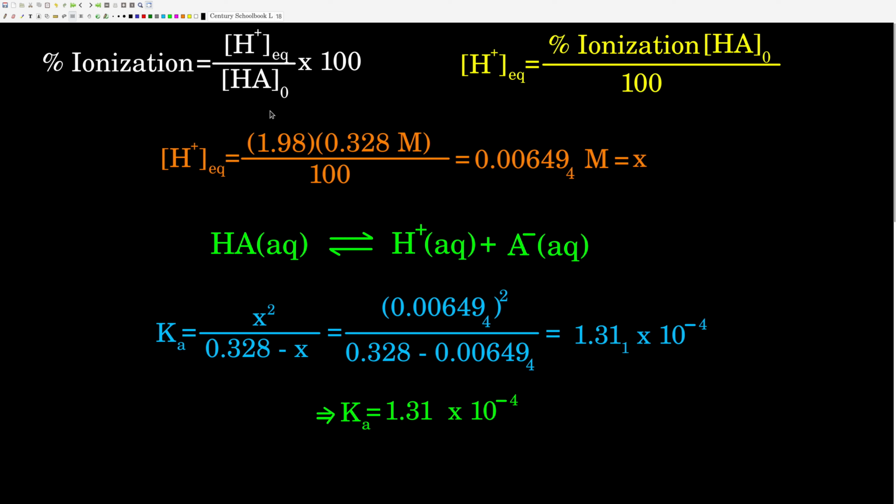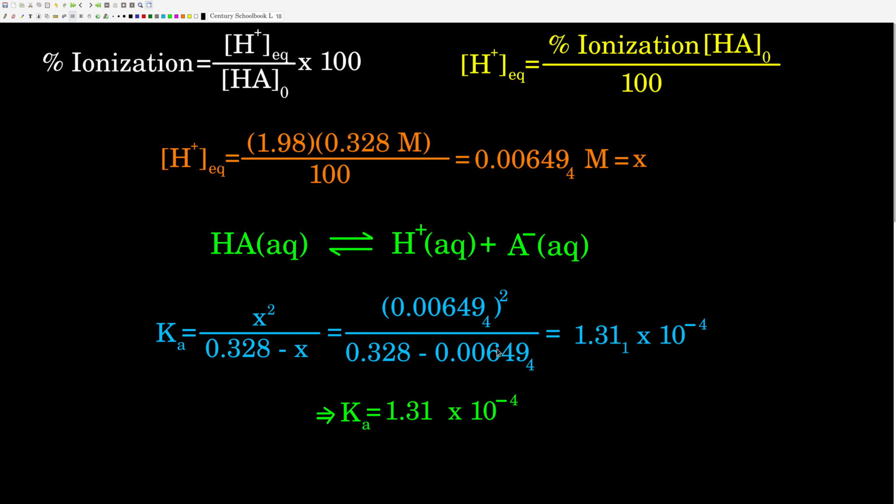So we were told that it was 1.98% ionized, so 1.98 times the initial concentration over 100 tells us the hydrogen ion concentration, 0.00649 molar. That's our x in our x squared over the initial concentration minus x, right? Remember, Ka. So we know x, we can plug in, and we get 1.31 times 10 to the minus fourth for Ka.